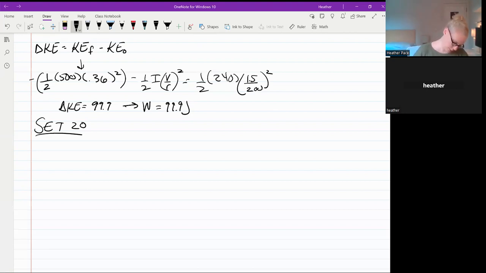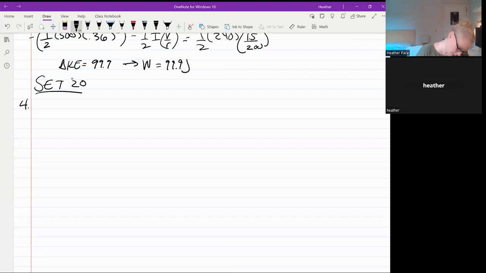Okay, so we got a gold bar. We're looking for M. And we're given length, width, height.